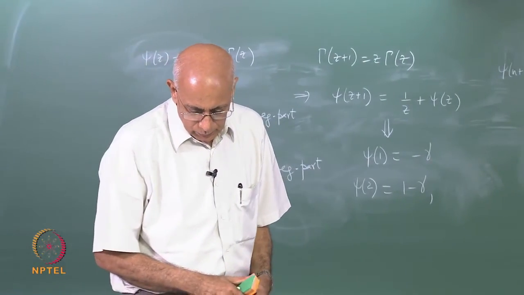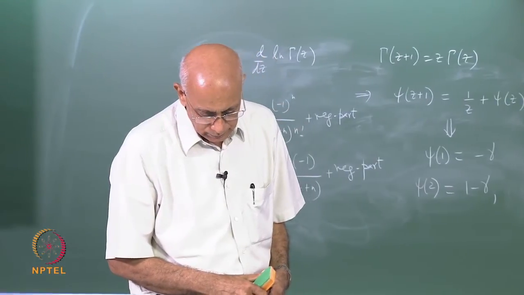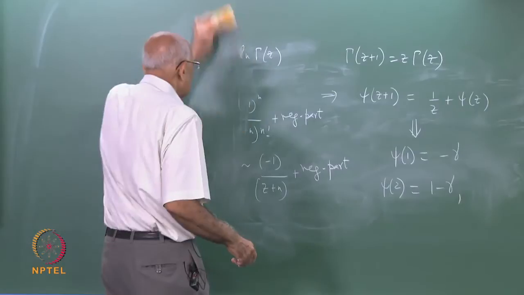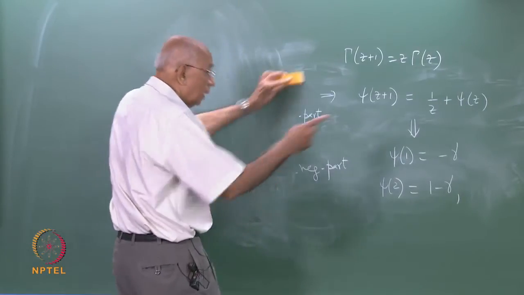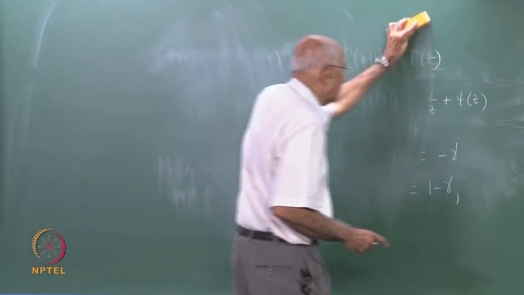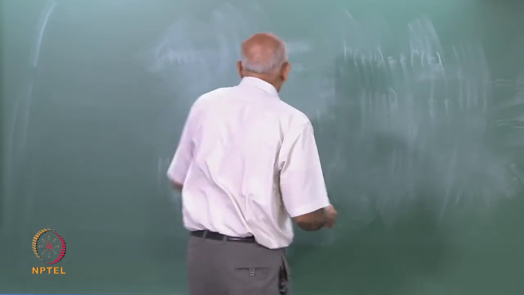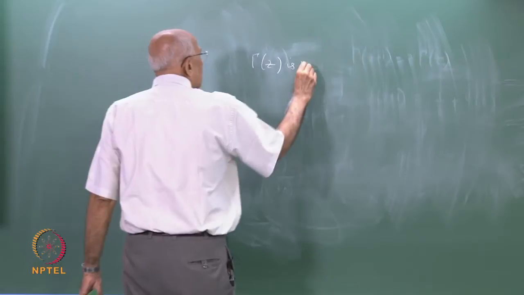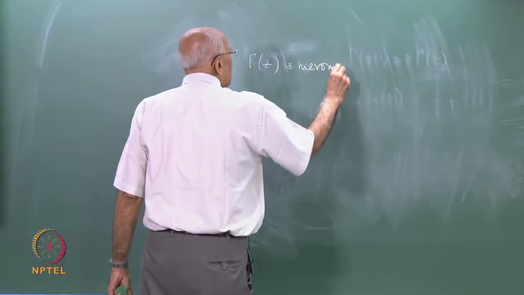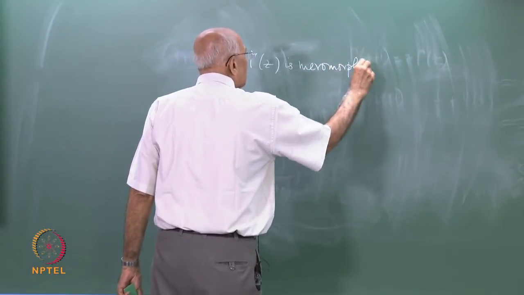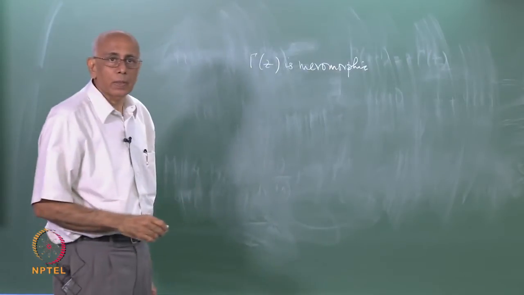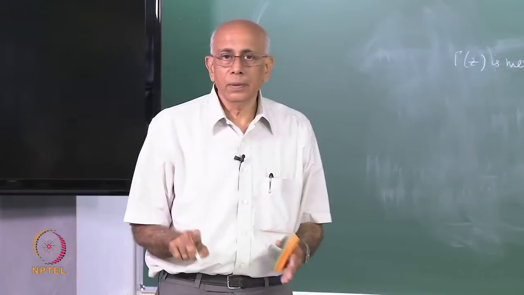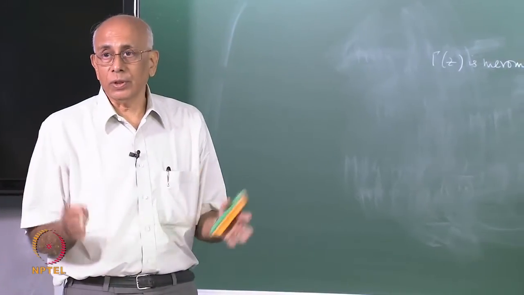Okay. What else did I want to do? Oh yes, here is another representation for the gamma function where little gamma appears once again. I know that gamma of z is meromorphic. It turns out that 1 over gamma of z is an entire function.